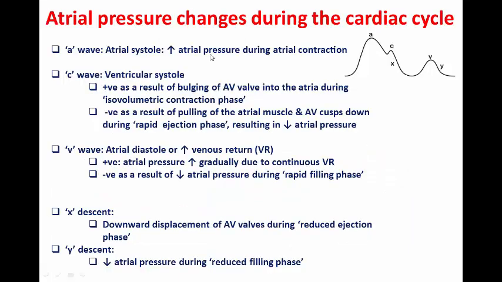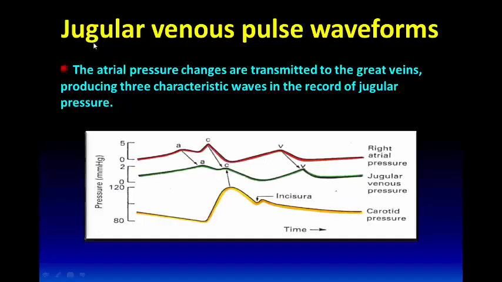Atrial pressure changes during the cardiac cycle result in changes in the jugular venous pulse wave forms during the cardiac cycle.